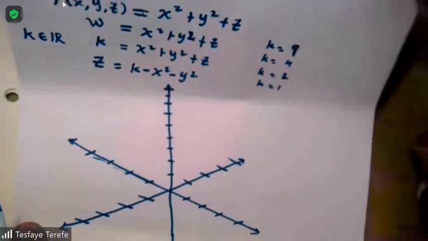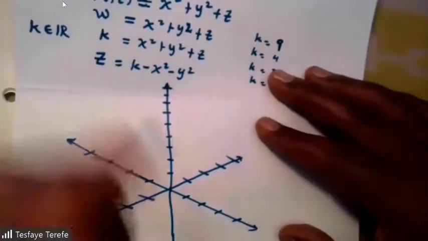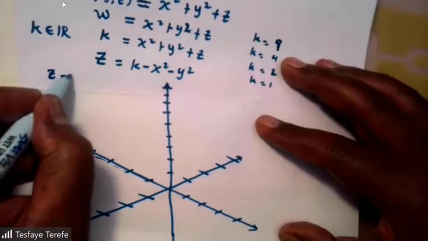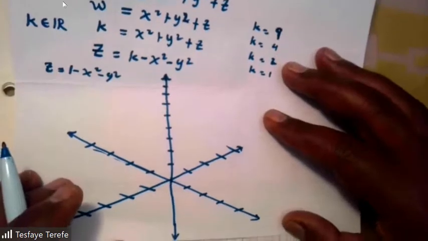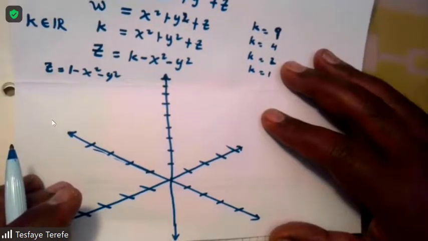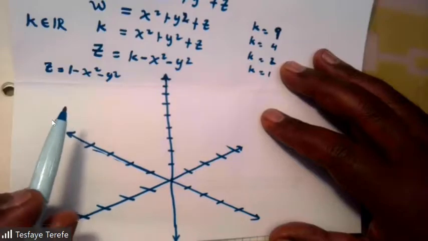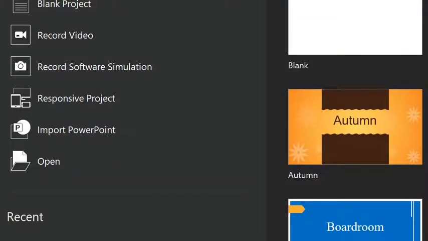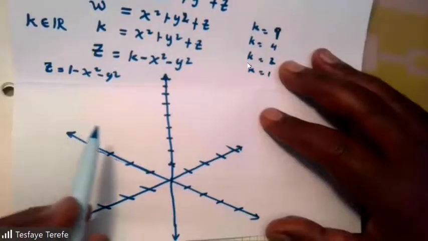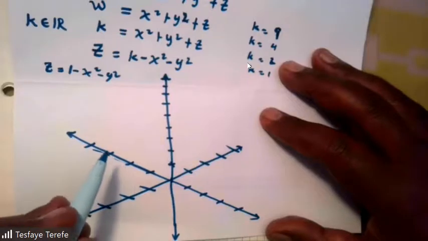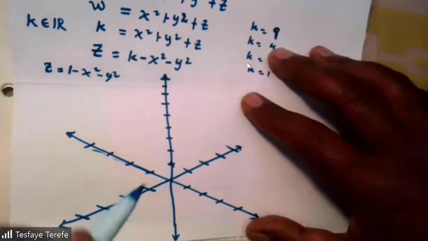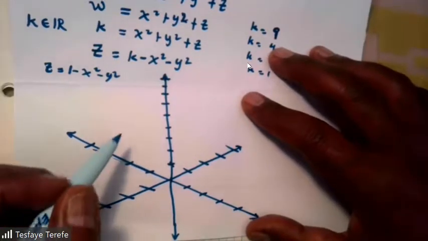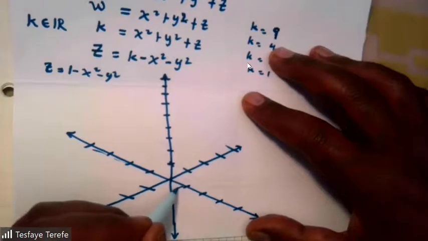Okay, well, let us deal with K equal to 1. When K is equal to 1, what do you have? z equals 1 minus x squared minus y squared. Do we all agree with that? So when both x and y are 0, the z value is going to be 1. It is going to be here. And when z is 0 on the xy plane, the value of x is going to be 1 and negative 1, and y also 1 and negative 1.